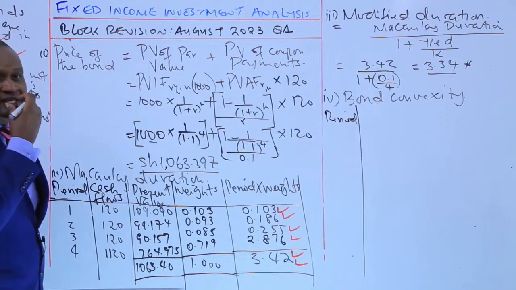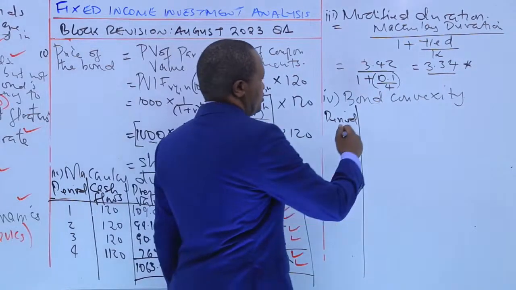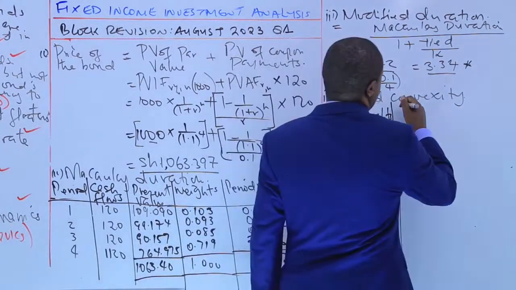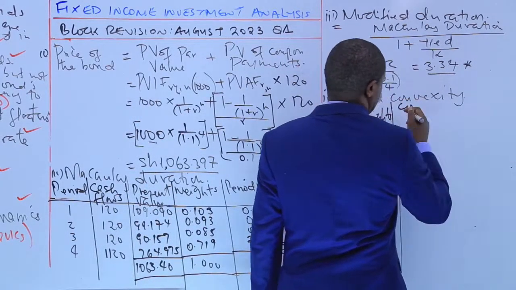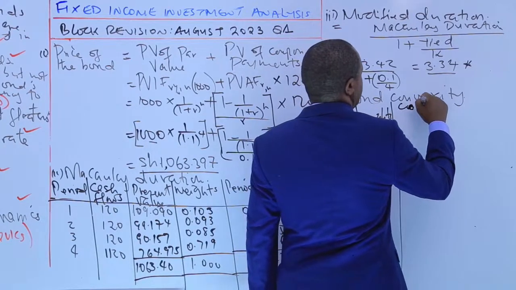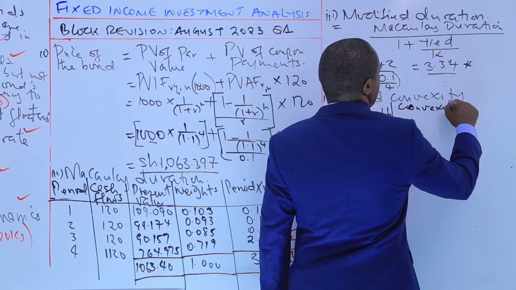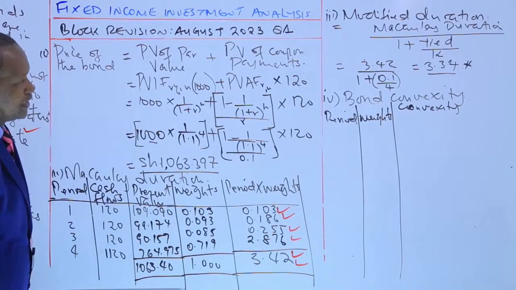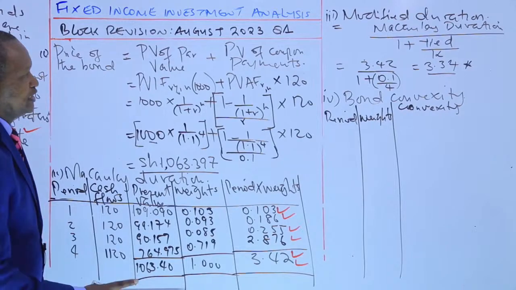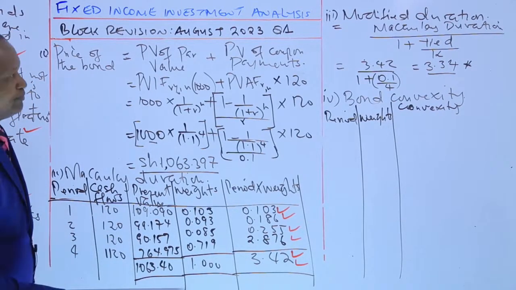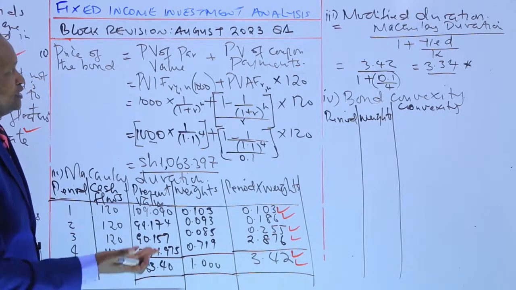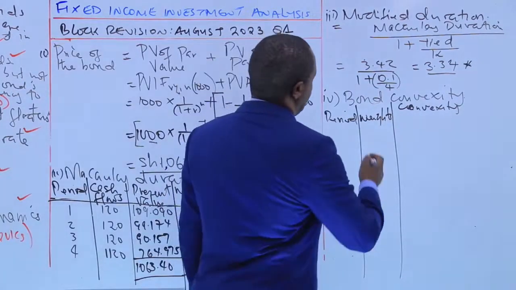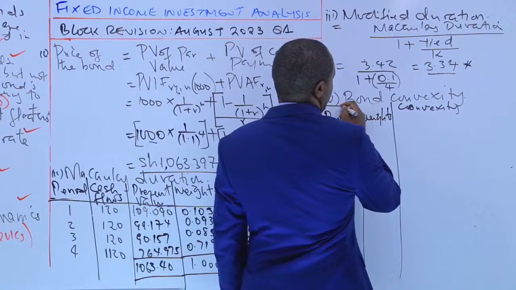We are given the period. This is how to compute. We're going to have periods on the first column. Then we'll have the weights, which we have already calculated. Then we calculate the convexity in the last column. Convexity will be calculated at each and every period. Then we'll sum the convexities to get the bond convexity. And here is the formula for convexity.